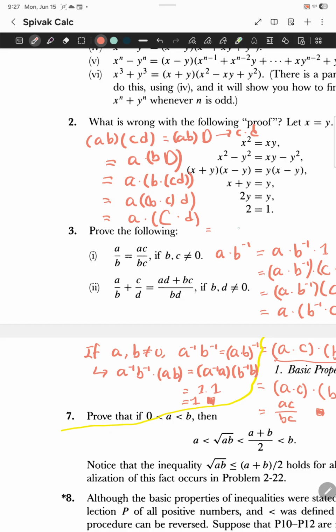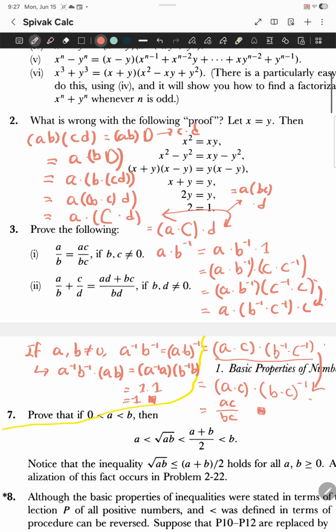And what is this equal to? a times c times d, right? So we can effectively say that since these are equal, a times b times c times d is also equal. So that's how we got from here to here.